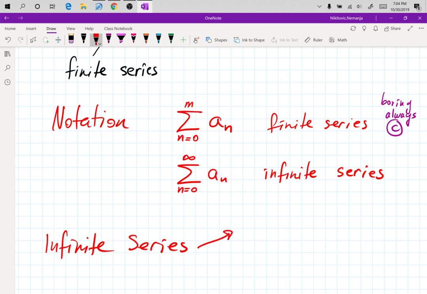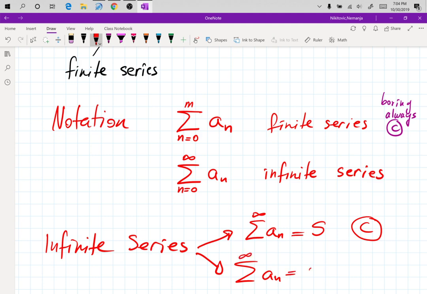And those will break into two cases. The infinite series of a_n, you can just put infinity on top, is equal to some number s, which we say converges, or the infinite series of a_n equals some type of infinity, which is divergent.